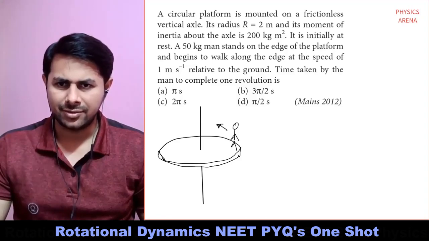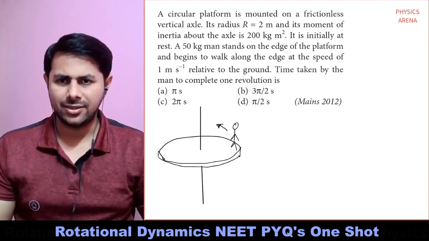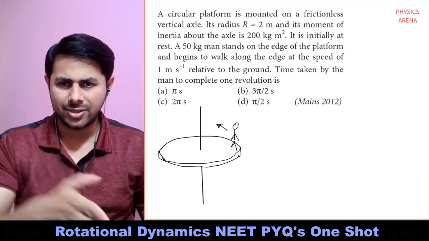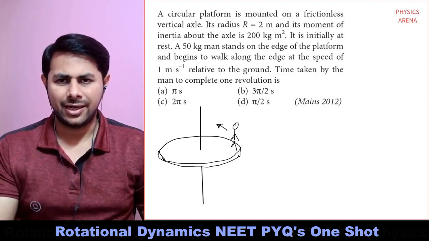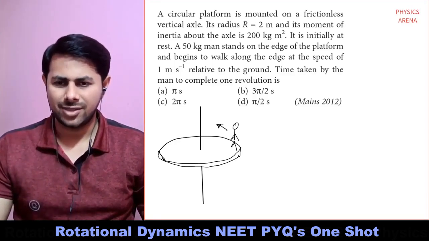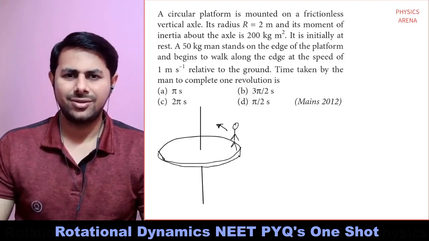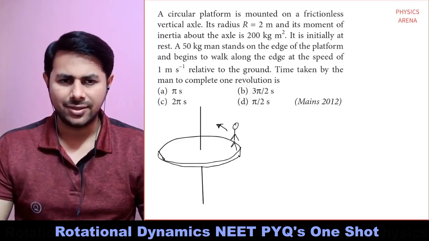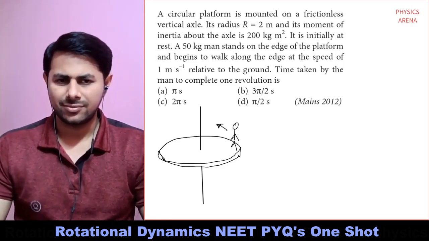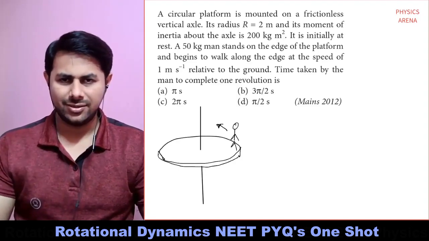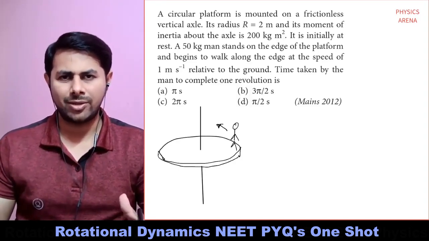It's given that the platform is initially at rest. A 50 kg man stands on the edge of the platform and begins to walk along the edge at the speed of 1 meter per second. So he walks like this along the edge. So the platform will move in the opposite direction. The platform will rotate. See, initially the man and the platform were at rest, so total angular momentum was 0.